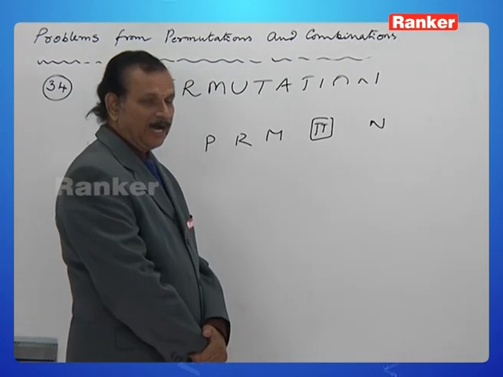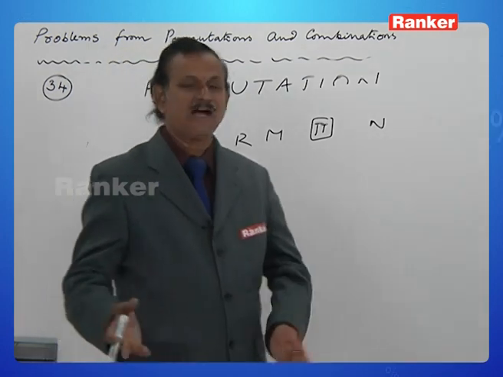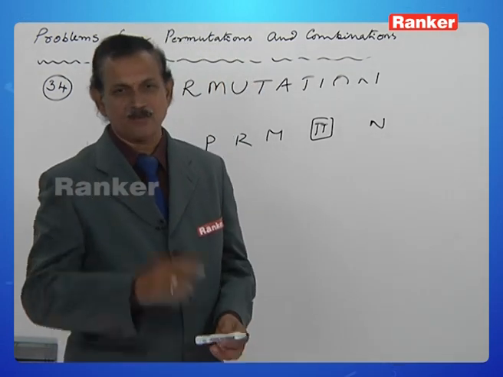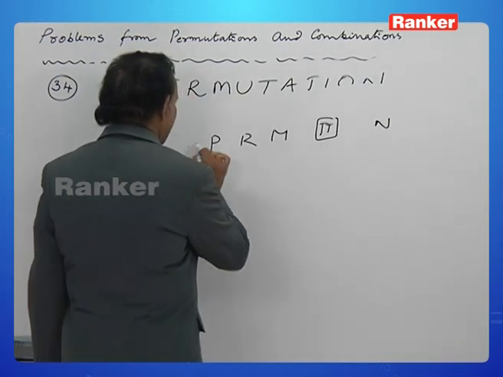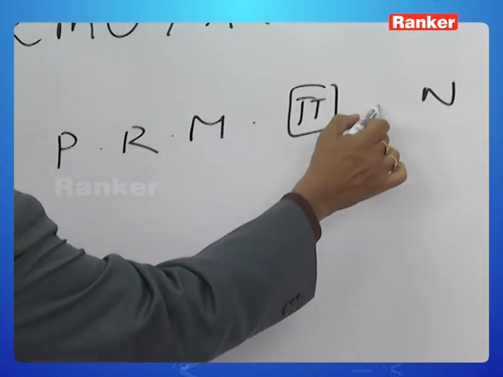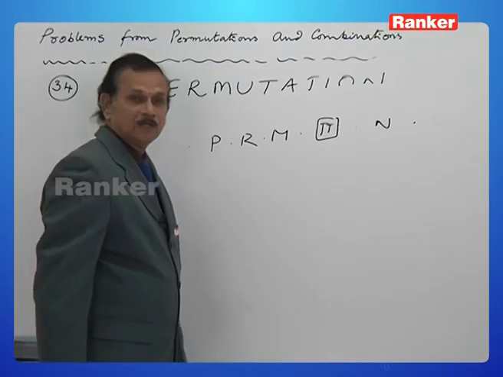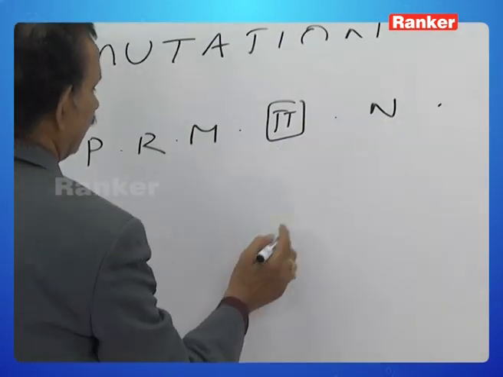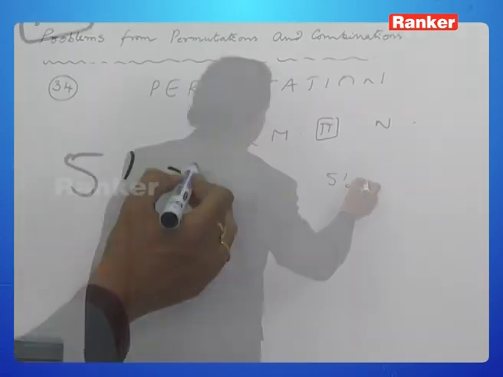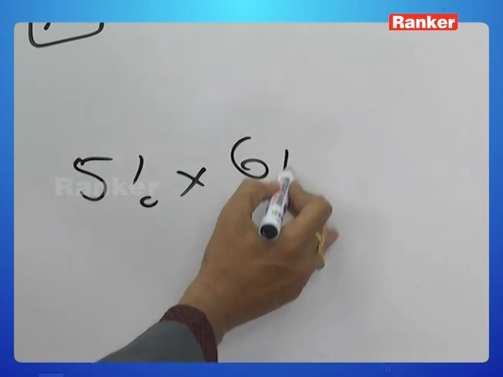That is, I am clubbing those two T's as a block or box to consider them as one unit. Now, how many gaps will be there? 1, 2, 3, 4, 5, 6. First of all, these letters will be arranged in 5 factorial into. How many gaps are there? 6 gaps are there. It is 6P5.